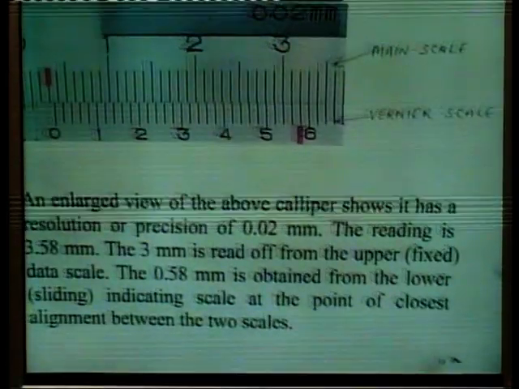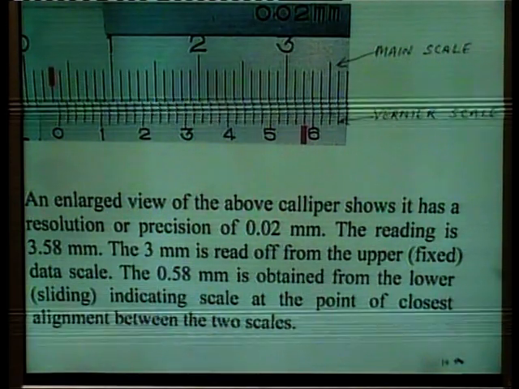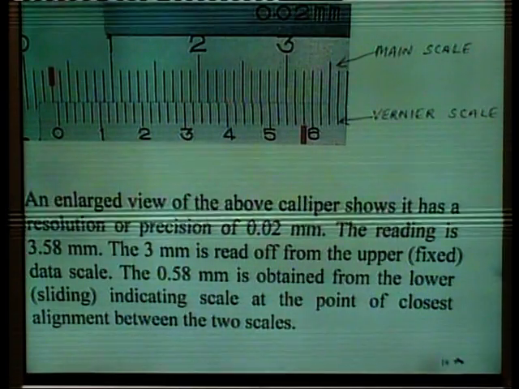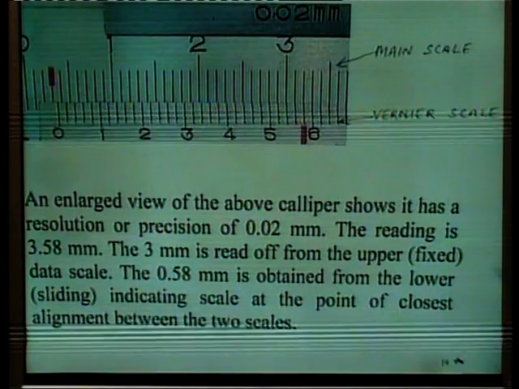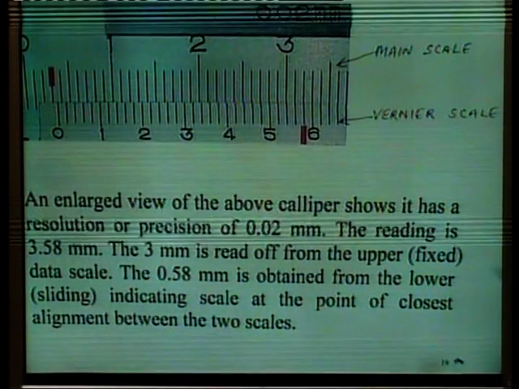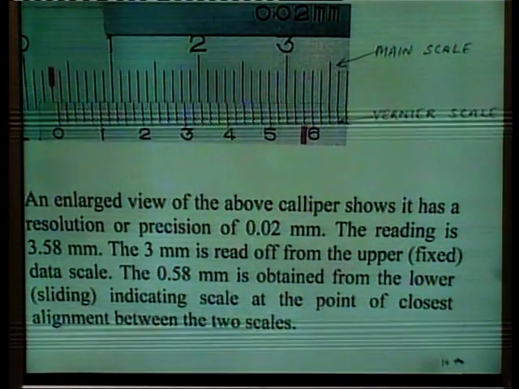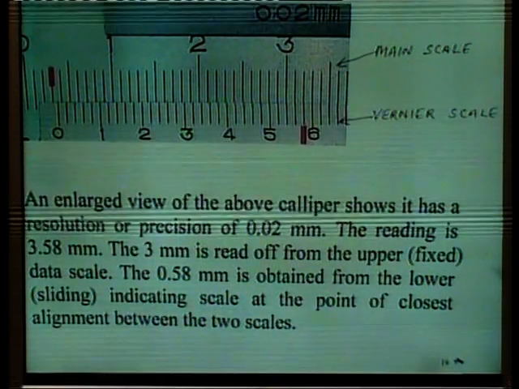So, here is an enlarged view of the two scales. First is the main scale, which is the fixed scale in the vernier caliper, and the other is the vernier scale, which is the movable one. An enlarged view of the caliper shows it has a resolution or precision of 0.02 mm.